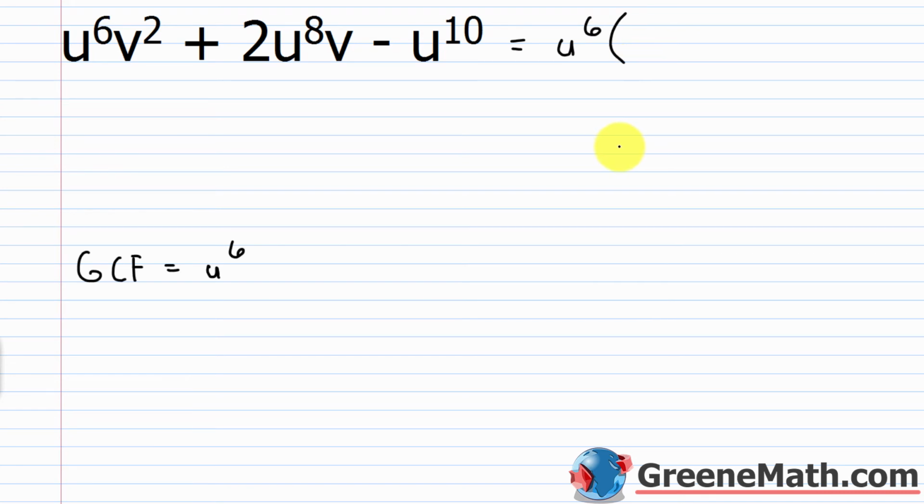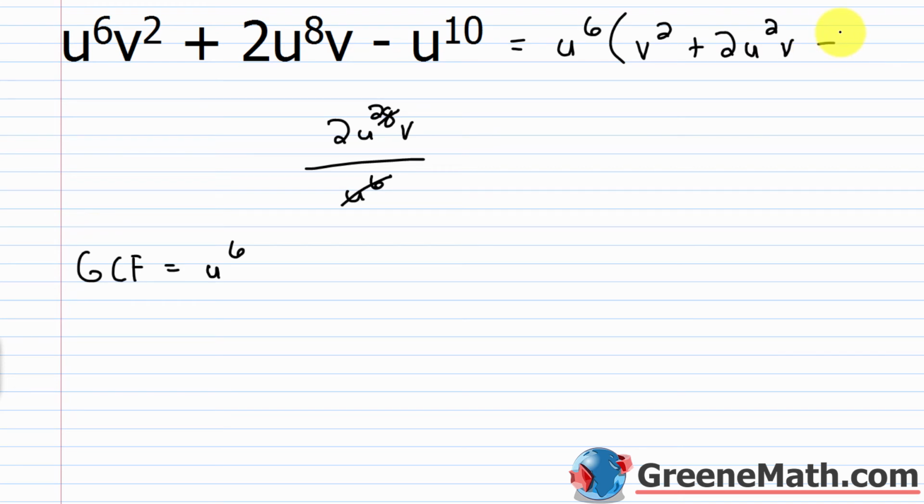And what's going to be left? Well, if I have u to the 6th power v squared over u to the 6th power, this is going to cancel and I'll just have v squared. If I have 2u to the 8th power v over u to the 6th power, I'll have u squared. So this will be plus 2u squared v.